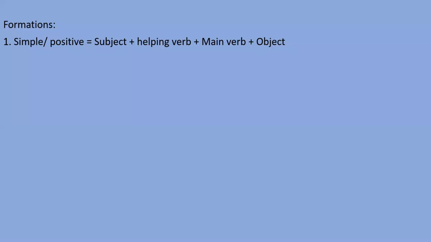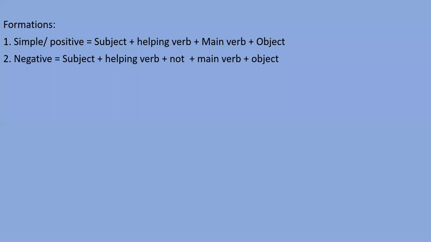But in this tense, present continuous tense, whenever we say a positive sentence, we have to use a helping verb after the subject, right? So helping verbs and main verbs we have to learn for all the tenses. I will let you know. If our sentence is negative, then subject, then helping verb, then not, main verb, object. This formation will be there.